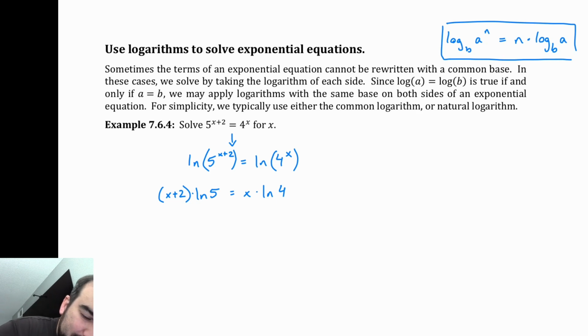Sorry, I kind of glazed over this. I didn't really talk about this as much, but if you have the same log on both sides, you can essentially get rid of it and say a is equal to b. Right? If I have log of a equal to log of b, we can just get rid of the log on both sides. This is like the one-to-one rule for exponents, but this is the one-to-one rule for logs.